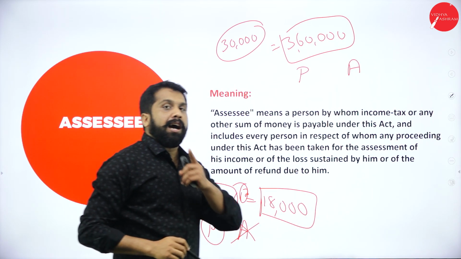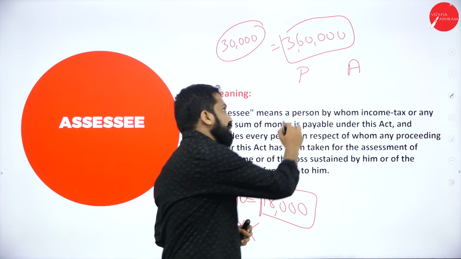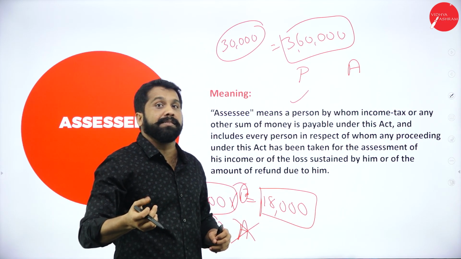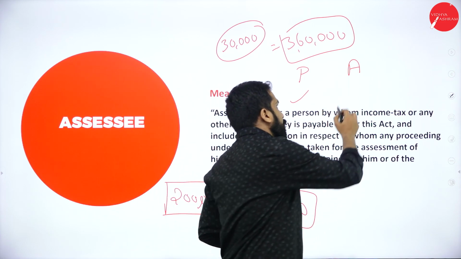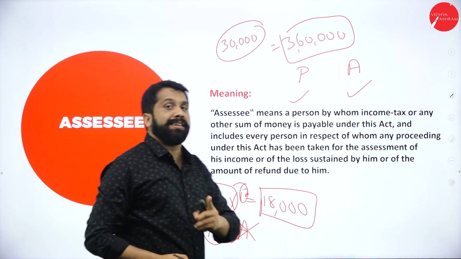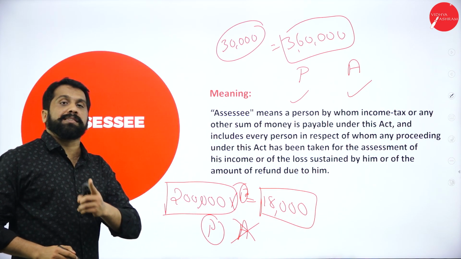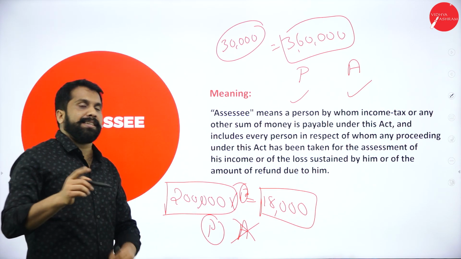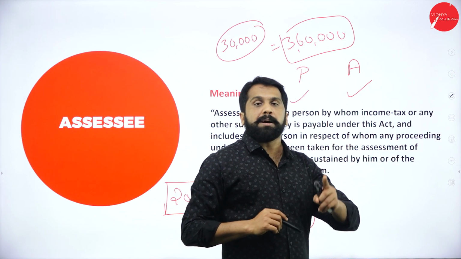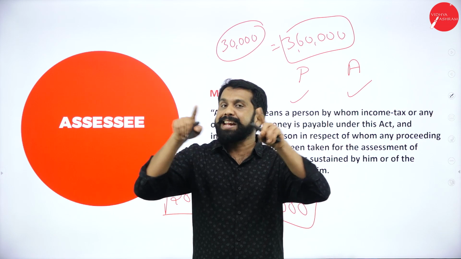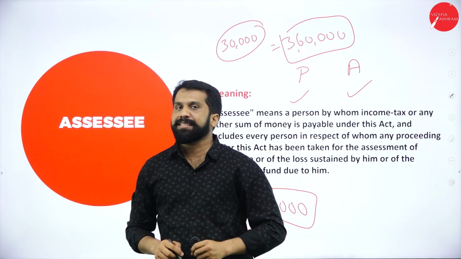Are you a person? The answer is yes. Why? Because I am earning. Are you an assessee? The answer is yes. Why? Because you are paying tax. The person supposed to pay tax is called an assessee. Clear? The person who files his tax return is called an assessee.